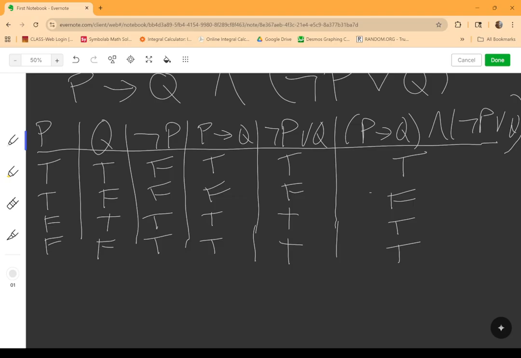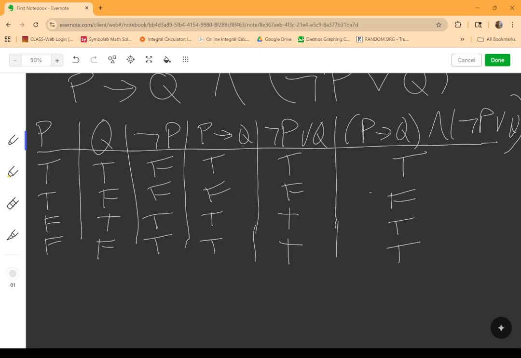Or you don't major in math and you have a high paying job. Or you don't major in math, but you have a high paying job. And in the last one, it's also true when you don't major in math and you don't have a high paying job. So now we can see from our truth table when both of these statements are true.